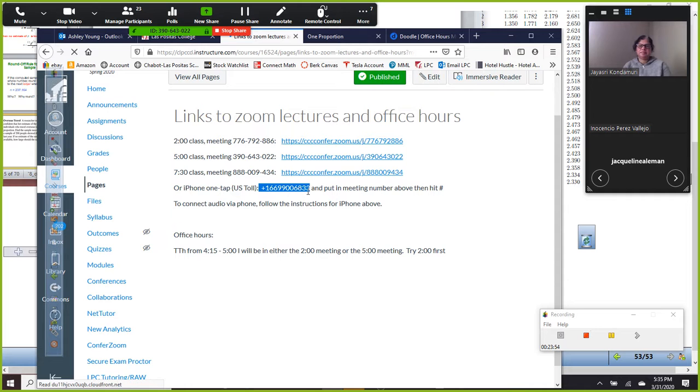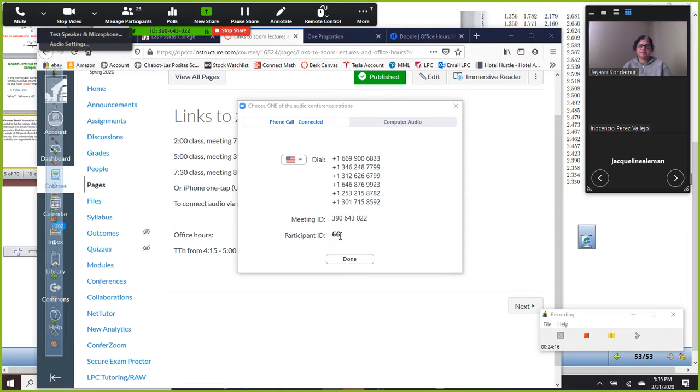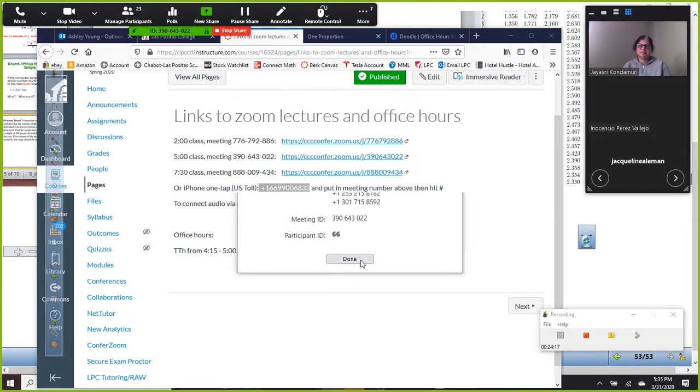You dial this number right here on your phone. Put in the meeting number, which is right here, 390-643-002, and then connect, and it'll ask you for your participant number, and it should tell you what yours is.